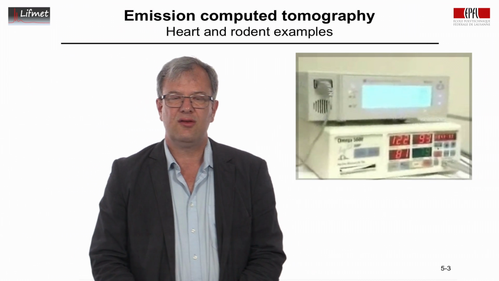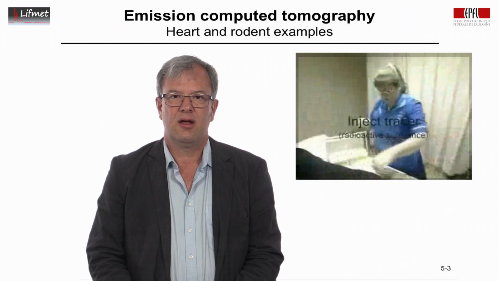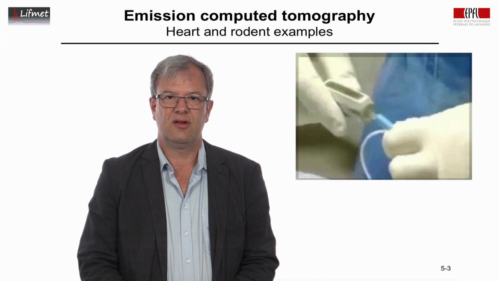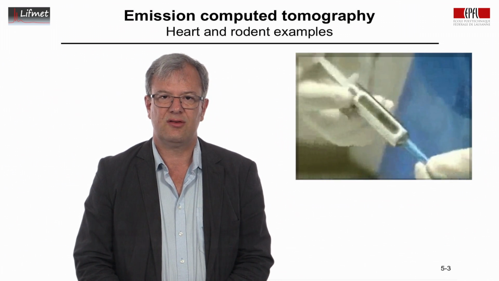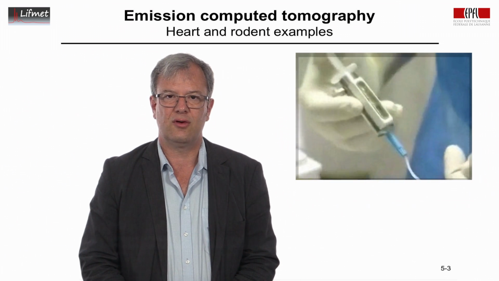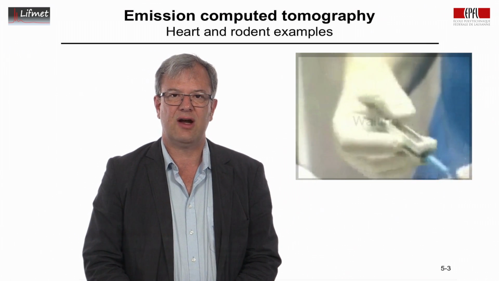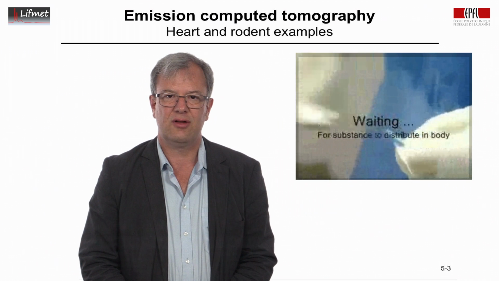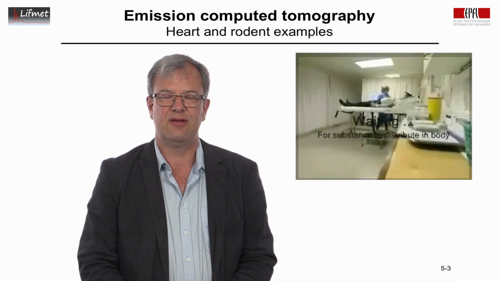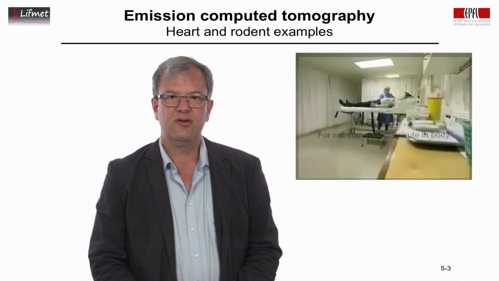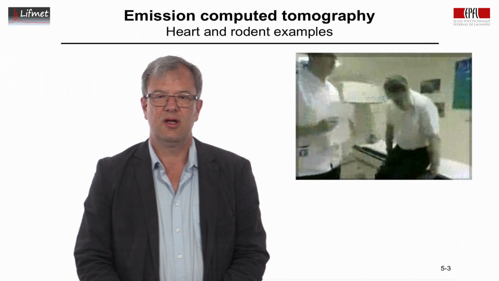And then, as you can see, the nurse administers the tracer. That's the substance that's used for emission computed tomography. This is done with a syringe, as you can see, fairly heavy, so it's shielded so that the nurse is not exposed to radioactivity. It is being infused into the patient.